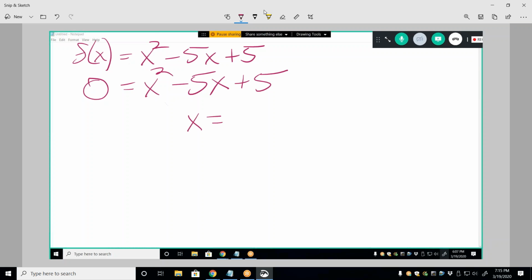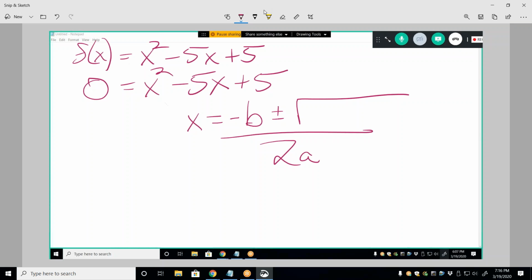X equals negative b over 2a, plus or minus the square root of the discriminant, which is b squared minus 4ac. There you go.